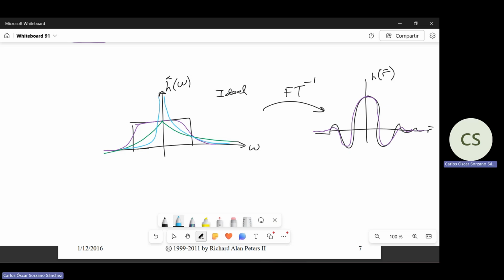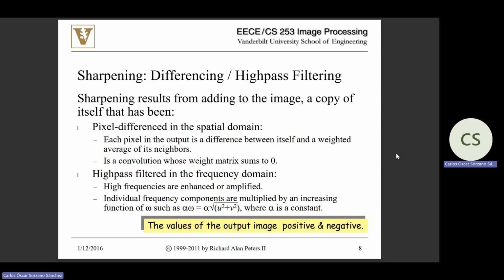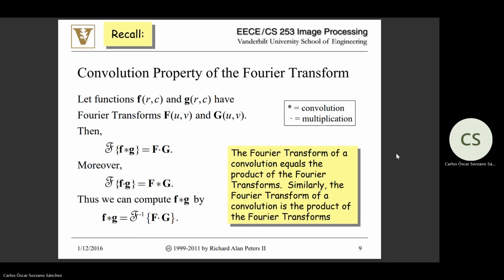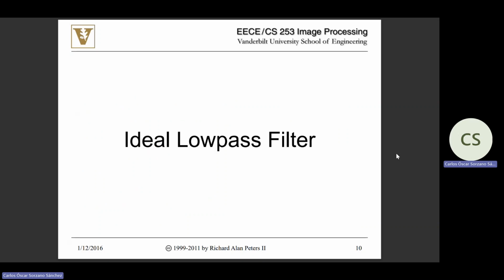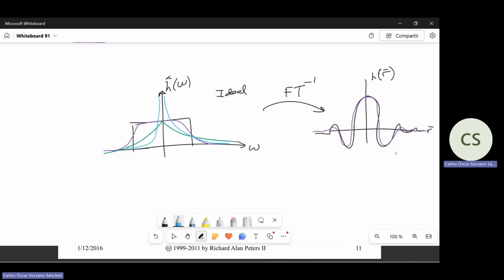Okay, so what else? Let's apply ideal low pass filters. The ideal low pass filter looks like this. It is a 1 everywhere in the low frequencies, and then it goes to 0 very abruptly. So it is like this one that we said was ideal.